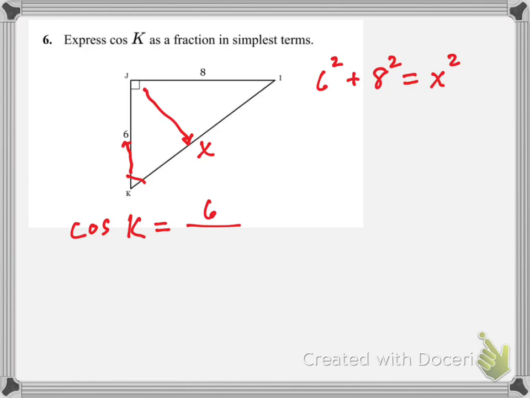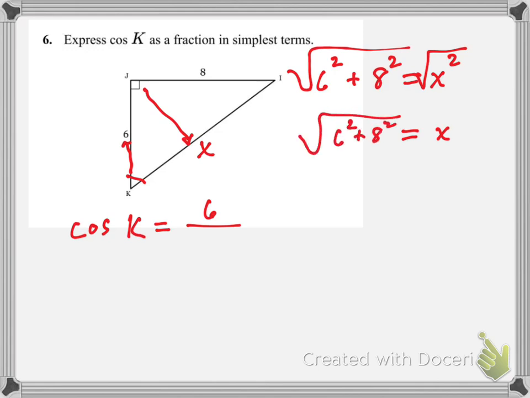Now here's the good news. X squared is already by itself. So right now, I can take the square root of both sides. So x is the square root of 6 squared plus 8 squared. Well, if I do that, I get 10. So my hypotenuse is 10. So that means the number on the bottom of the cosine ratio is 10.